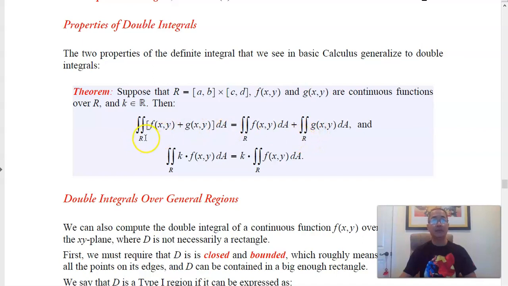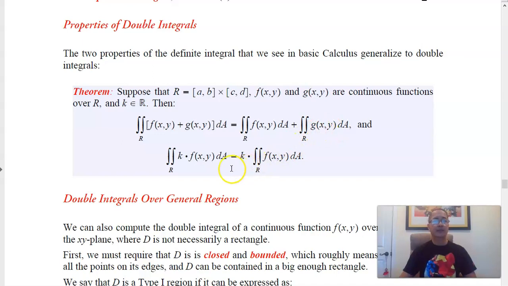So we keep the domain, the rectangle stays the same, no bigger, no smaller, and all we do is break up the function into the two individual terms. We do this all the time in calculus, so hopefully we can find this antiderivative easily and this antiderivative easily and so on.